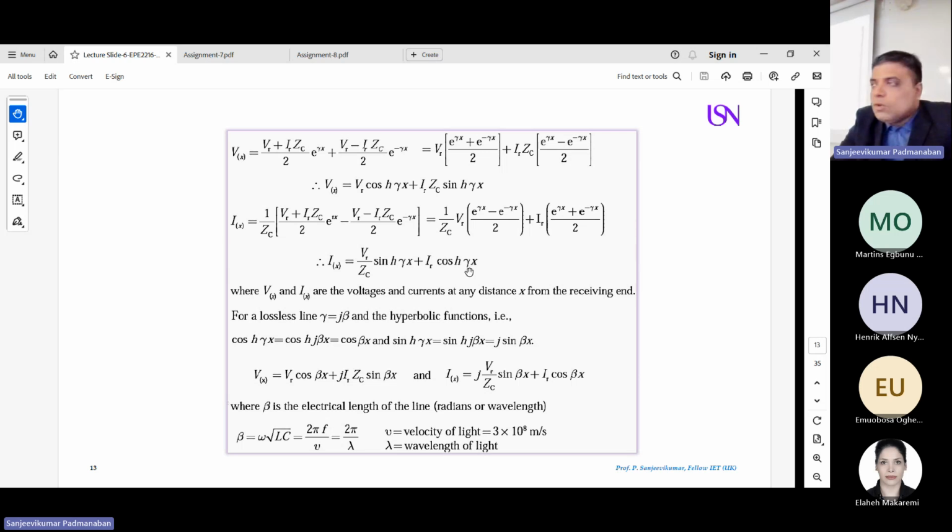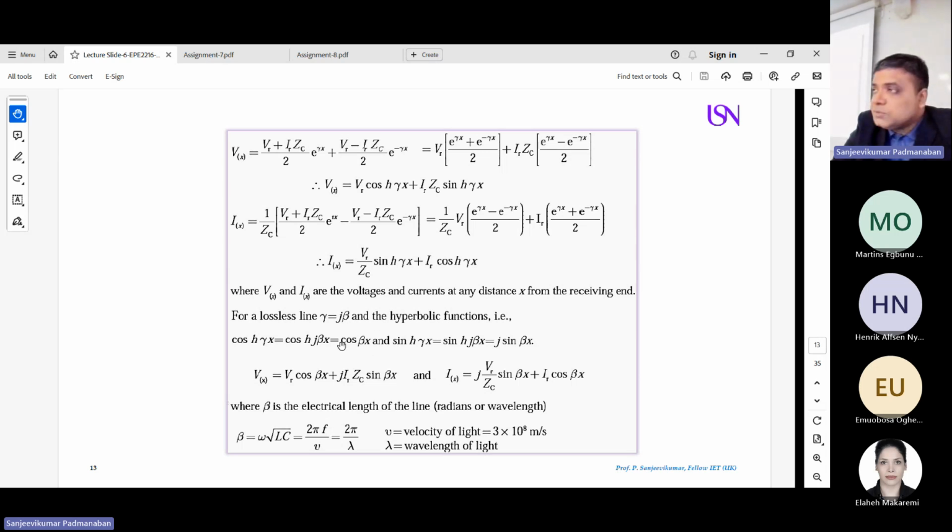In this formula, what is the value of rho? Rho is nothing but j times beta. For a lossless line, the hyperbolic function cosh rho x, that is cosh j beta x, equals cos beta x.